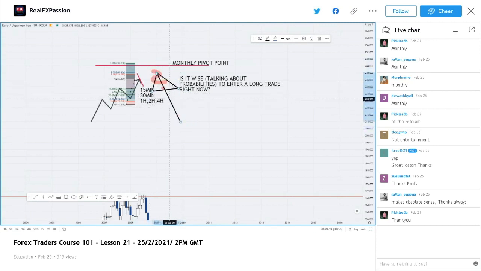Beginner traders, is it wise to buy the market in here no matter what? Yes, most likely it is going to retrace, everybody. Now here is the kicker. As we learned yesterday, it's not going to retrace always, but it's going to retrace most of the time.